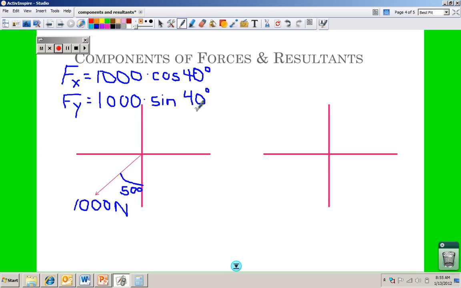Okay, so if you put here 50 degrees, your f sub x and f sub y are going to be backwards. It's a very common mistake, but it will cause you a great deal of problem later in the course. So always remember, theta is measured from x-axis.